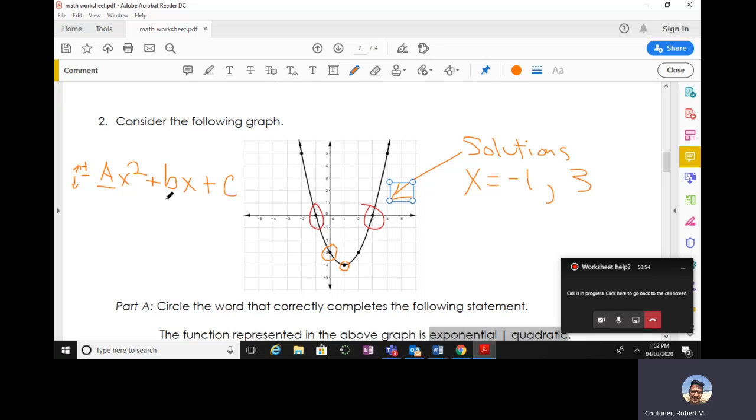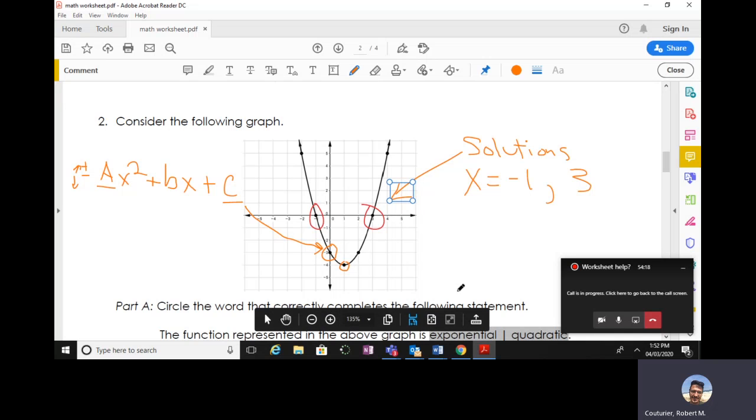b determines if it's going to shift left or right. Is it moving left? Is it moving right? We don't know. We have to figure that one out. And then you take a look at c. What is c? c is your y-intercept. So at what number does this cross the y-axis? Oh, we just said that. It was right here. So c is right here.